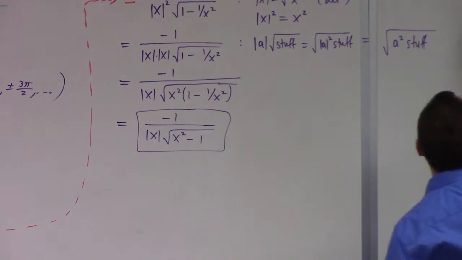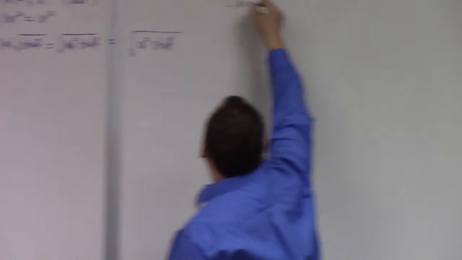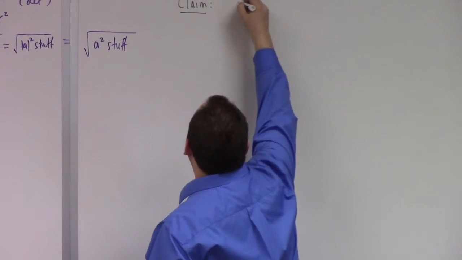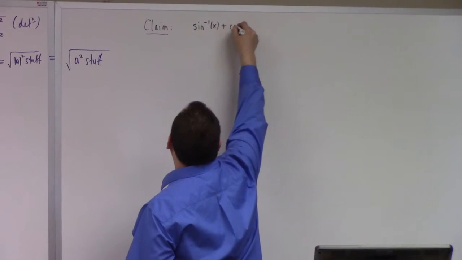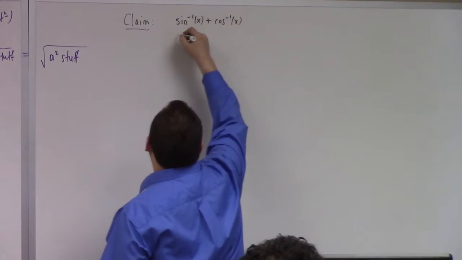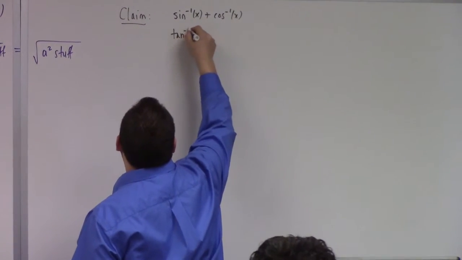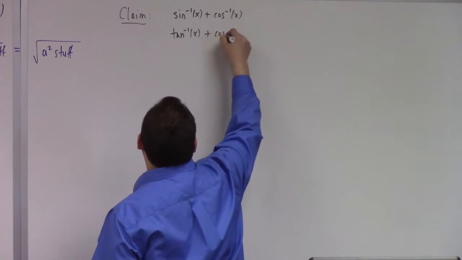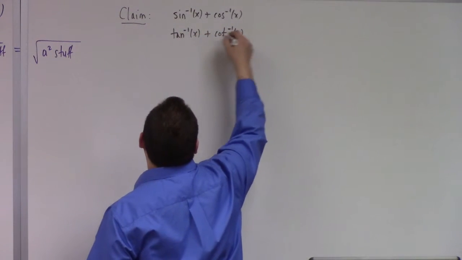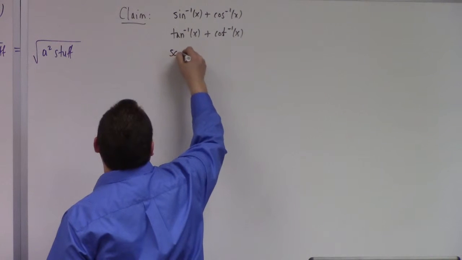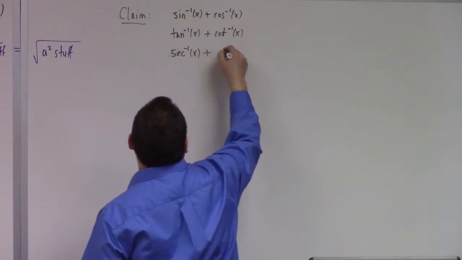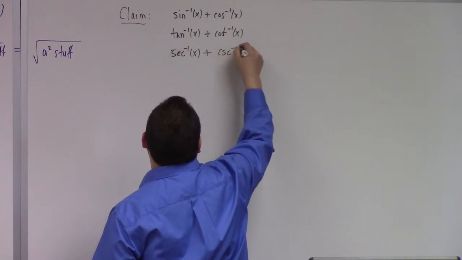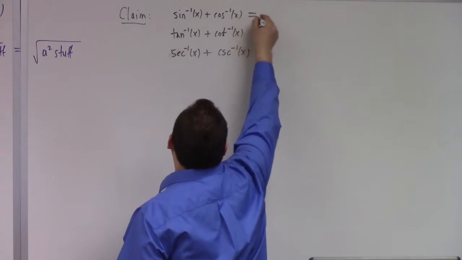Another claim I can make today is that if you add inverse sine of x plus inverse cosine of x, and if you add inverse tangent of x plus inverse cotangent of x, and if you add inverse secant of x plus inverse cosecant of x, it's very boring.